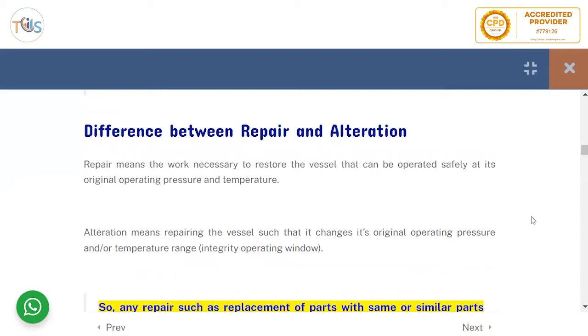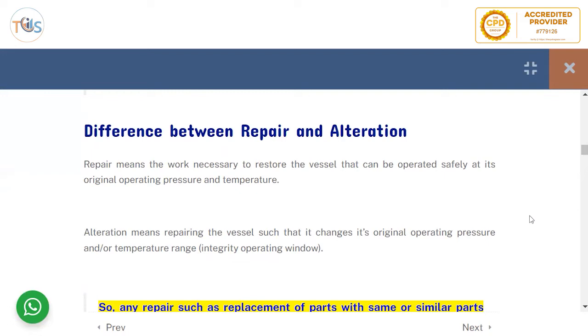Now alteration means repairing the vessel, but then the integrity operating window, or the original operating pressure and temperature, has changed. You can increase the pressure because you have reinforced the vessel, or the other way around. So you have re-rated the vessel. It's called re-rating.